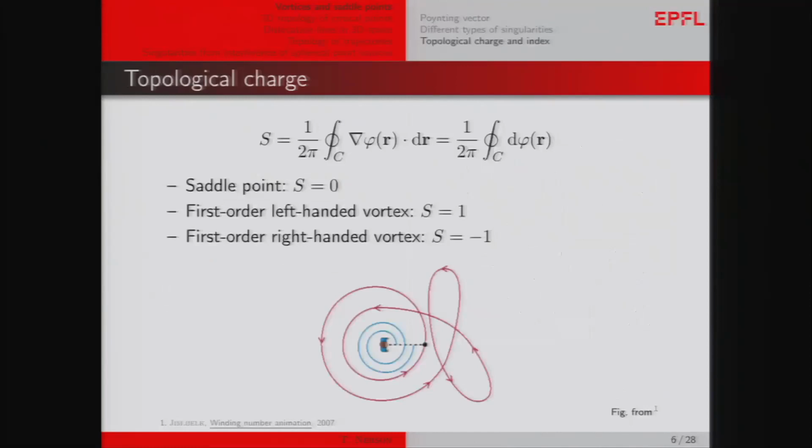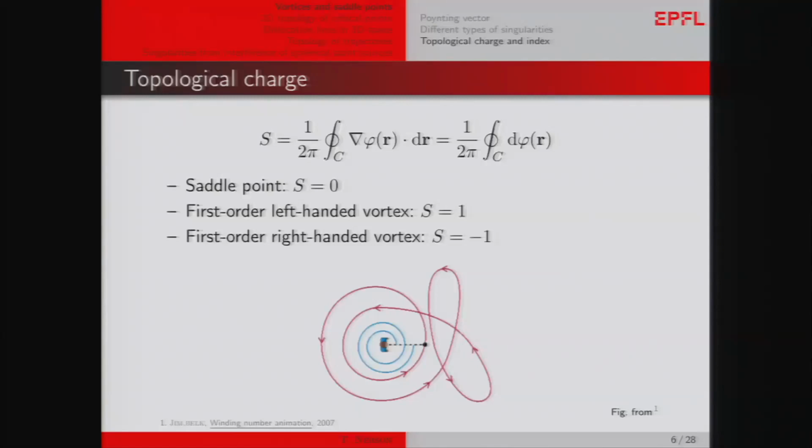What will be interesting with those points is their topological indices. We will define 2 types of topological indices: what we call in this presentation the topological charge, and what we call the topological index. First, the topological charge is defined in this equation. Basically, what you need to know is that for a saddle point, the charge equals 0. For a left-handed vortex, it will be 1, and for a right-handed vortex, it will be -1.